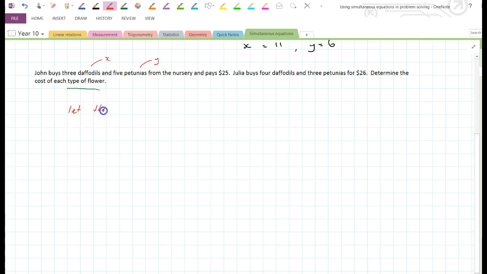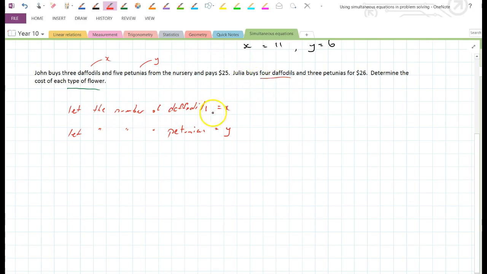the number of daffodils equal X, and let the number of petunias equal Y. Okay, so once I've established that, now I need to write out my equation. Julia buys 4 daffodils.